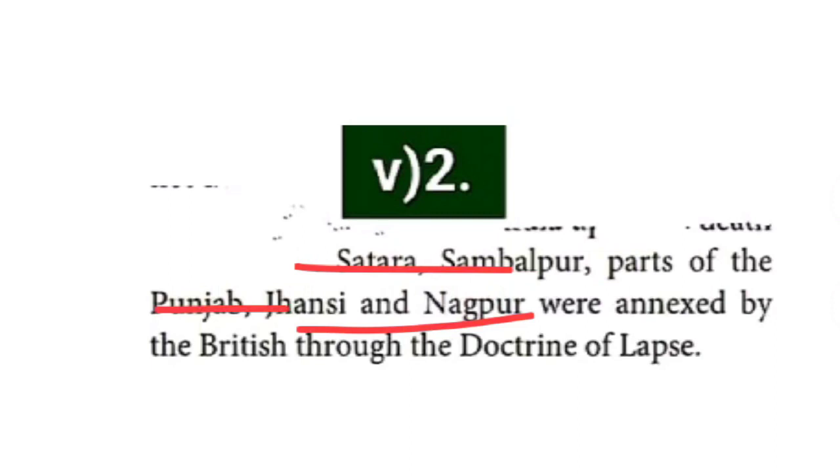So what are the places? Mainly the Hindu states like I said: Satara, Sambalpur, parts of Punjab, Jhansi, as well as Nagpur. These are the places captured by the British through the doctrine of lapse.